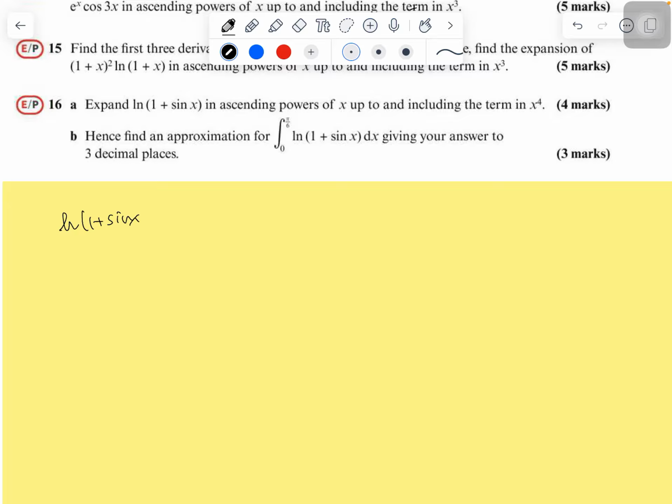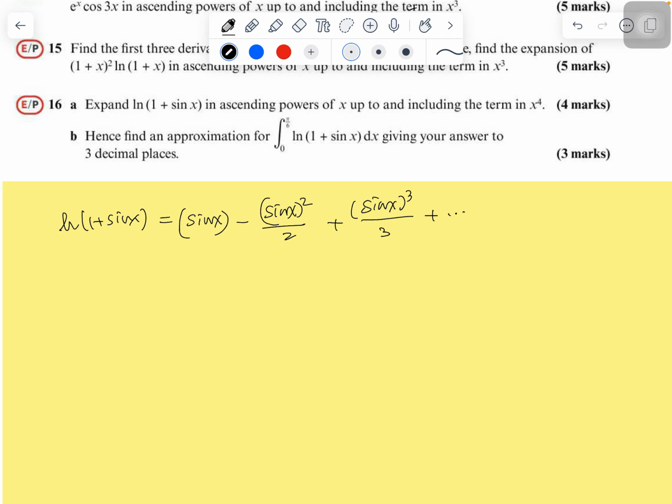ln (1 plus sine x), so let's say sine x minus sine x squared over 2 plus sine x cubed over 3, and so on.